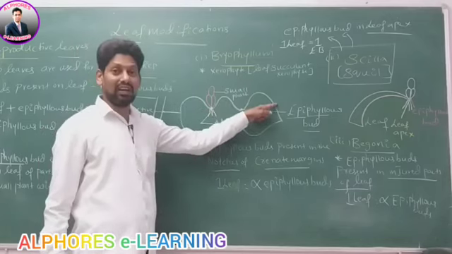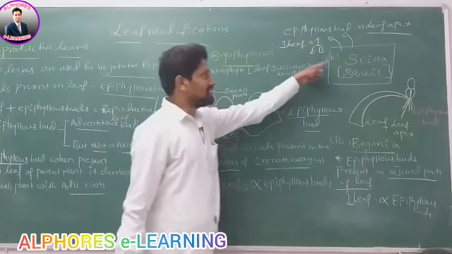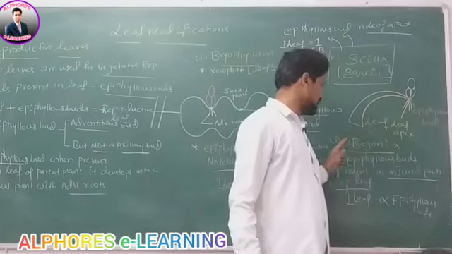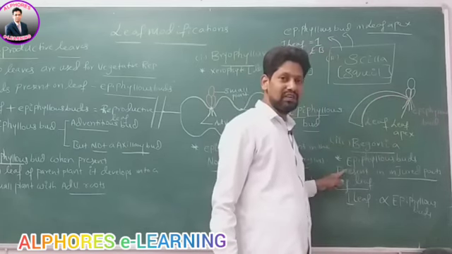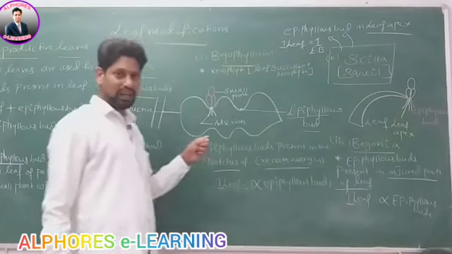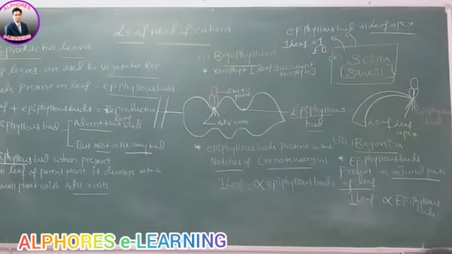Crenate margin means margins with ups and downs. Whereas in scilla, epiphyllous bud is present in the leaf apex. Whereas in begonia, wherever the leaf is injured, there we see the epiphyllous buds. Is it okay? We are discussing which leaves, sir? Reproductive leaves, right?